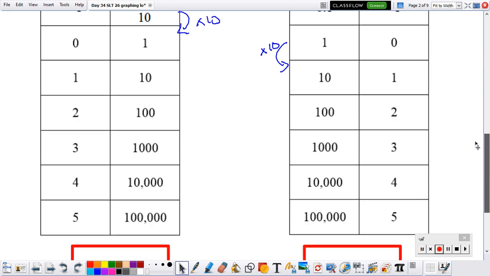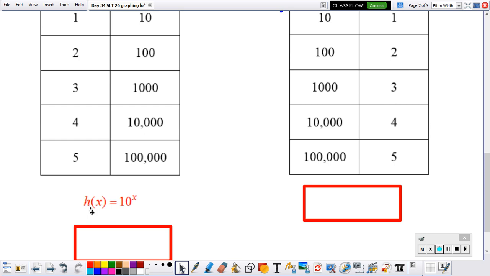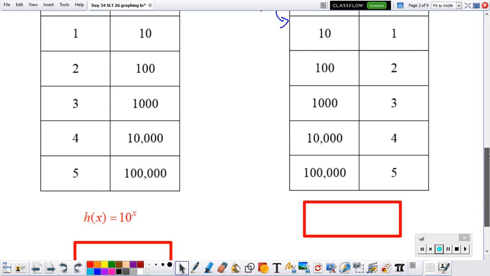So it appears that table 1 is just straight up 10 to the first is 10, 10 squared is 100, so its function is simply going to be y, or in this case h of x equals 10 to the x. I guess it's h of x that says that on the top of the table.